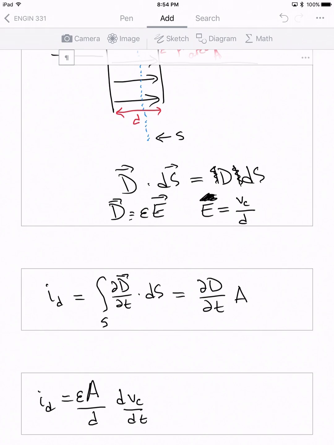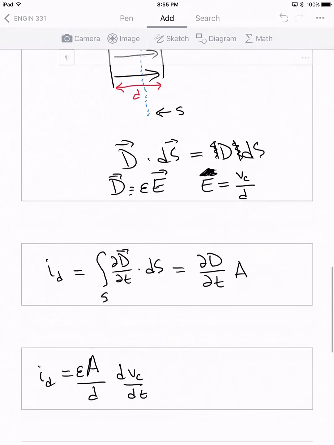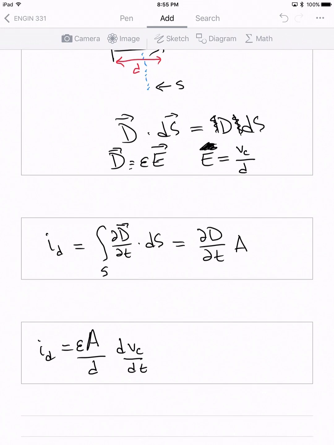Now, if you remember that we wrote VC is a sinusoid, what that actually works out to is epsilon A over D times V naught times the time derivative of sine omega t.